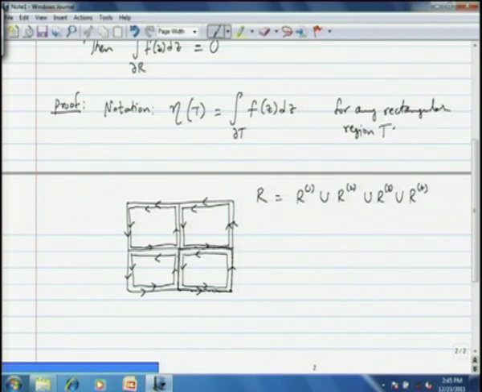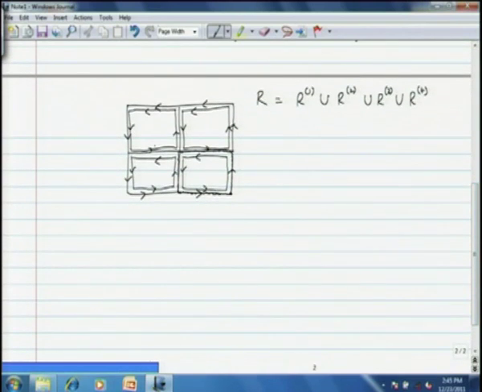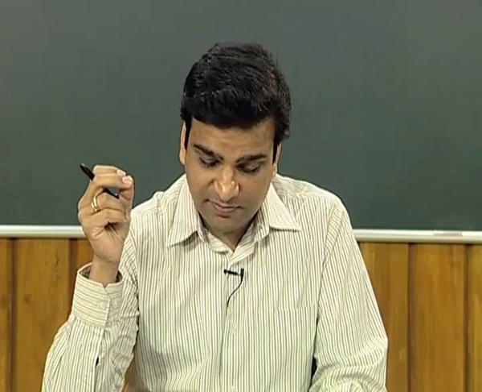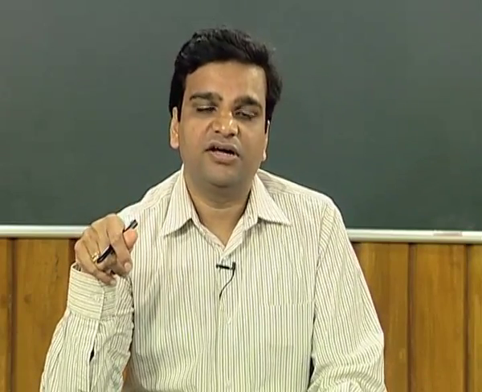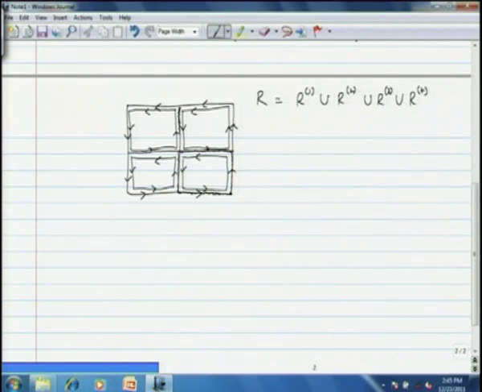I am naming them R superscript parentheses 1, 2, 3, 4, etc. And when you consider the boundary of these R 1, R 2, R 3, R 4, you see that the inside lines have contour integration of f in one direction and then in the opposite direction. So, for example, this line right here has a contour integration along this and along this. So, they cancel each other.